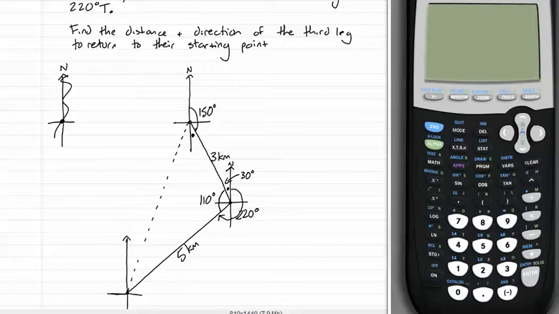And now I have two sides and the included angle, and I can thus use the cosine rule to get the side opposite. And that's the first thing I want.